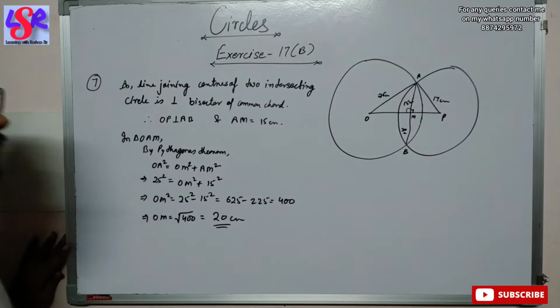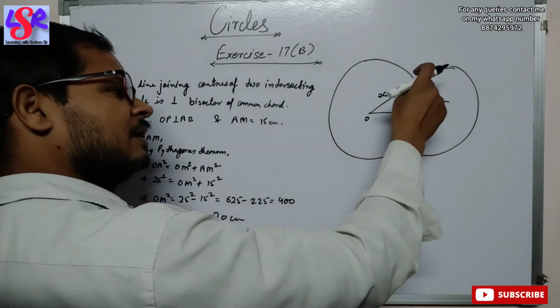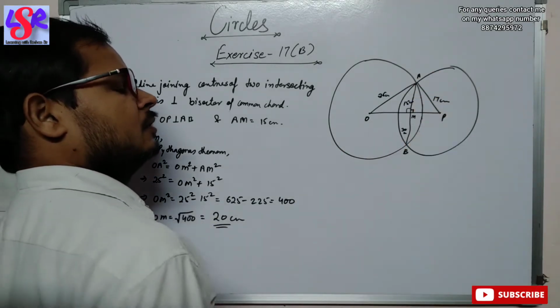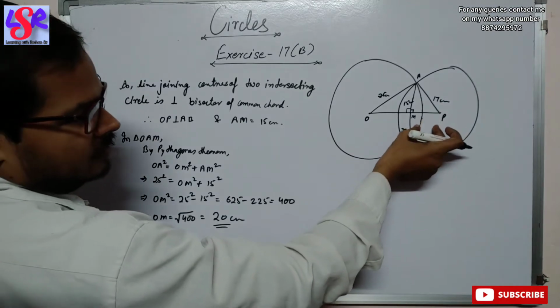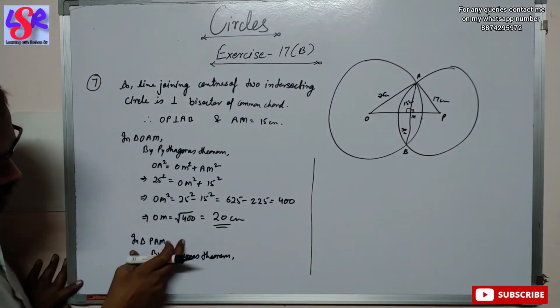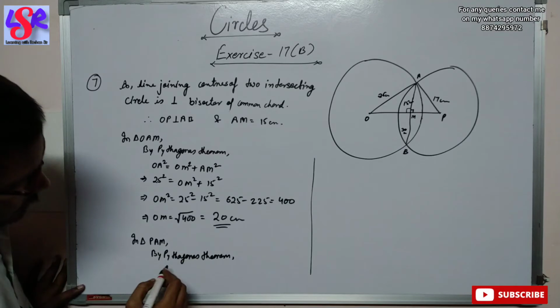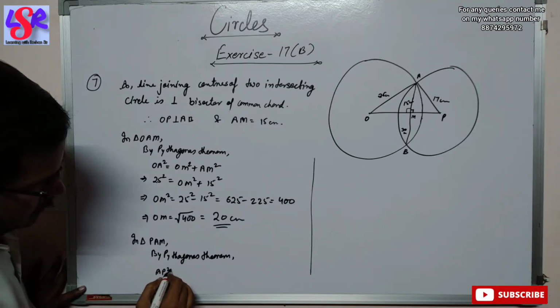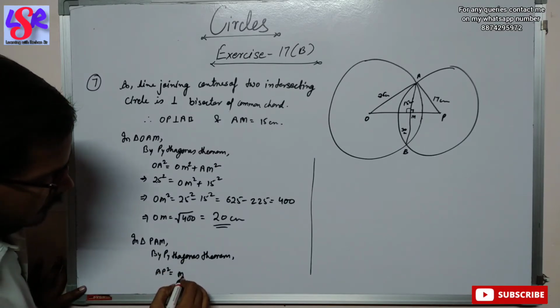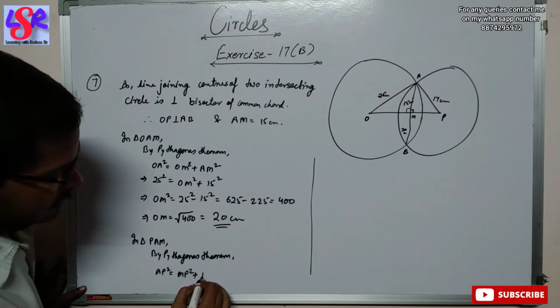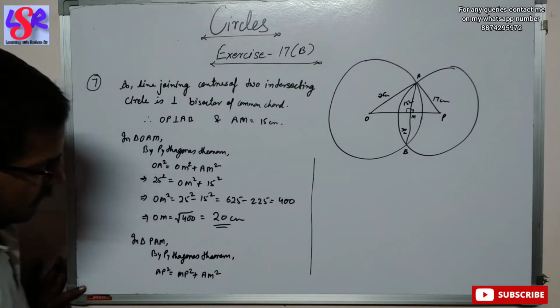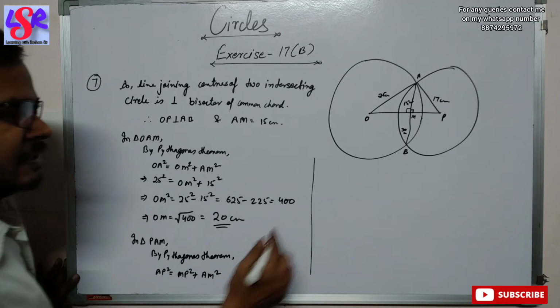Now here we have got the value of OM. Similarly, in triangle AMP by Pythagoras theorem we can calculate the value of PM. So in triangle PAM by Pythagoras theorem we get AP square equals MP square plus AM square. Now here we have the value of AP, that is 17.